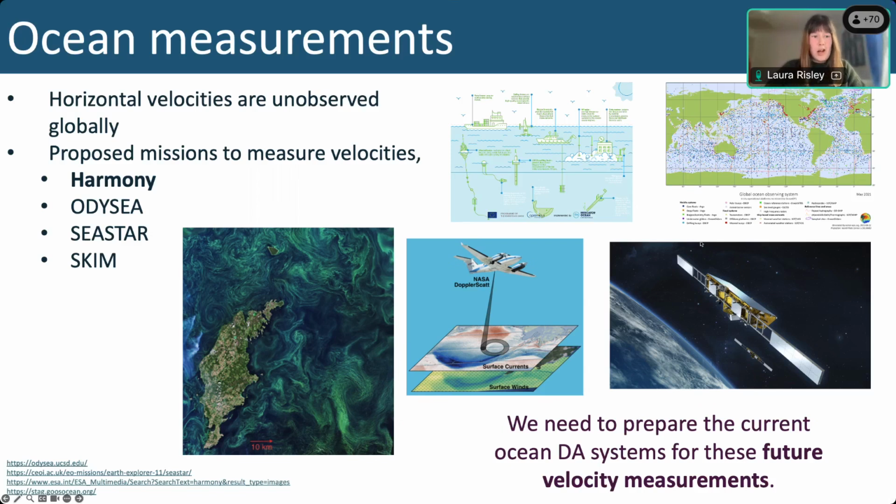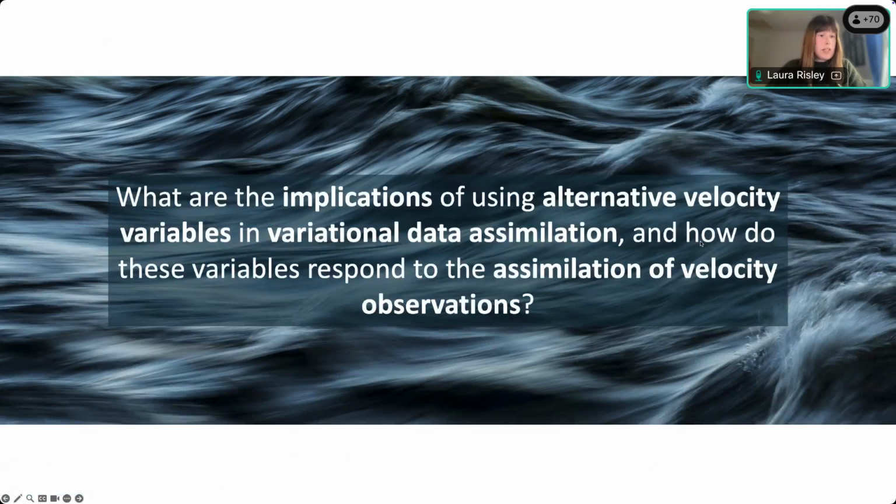Unfortunately, from this list, Harmony is the only mission that is actually set to launch. But these proposed missions highlight the demand for these ocean current measurements, and so we need to improve the current ocean data assimilation for these velocity measurements.